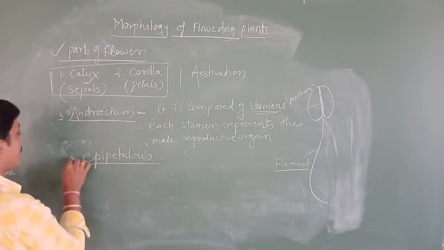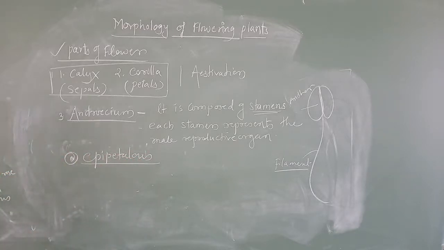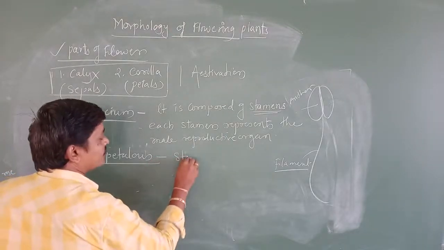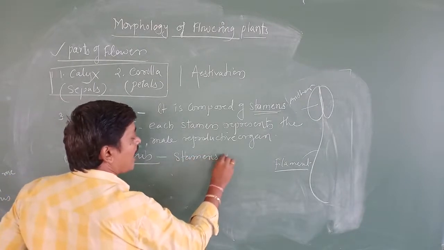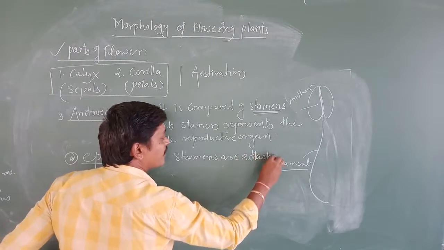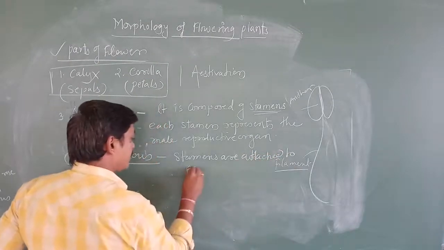The first type of flower, that I wrote on the board, is epipetals. Epipetals in the sense what? These stamens are attached to petals.